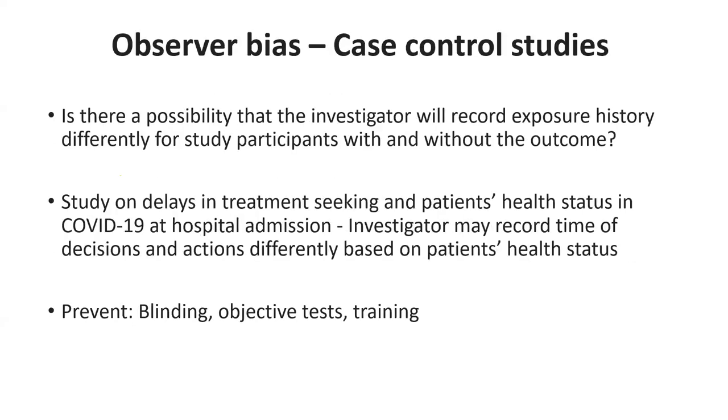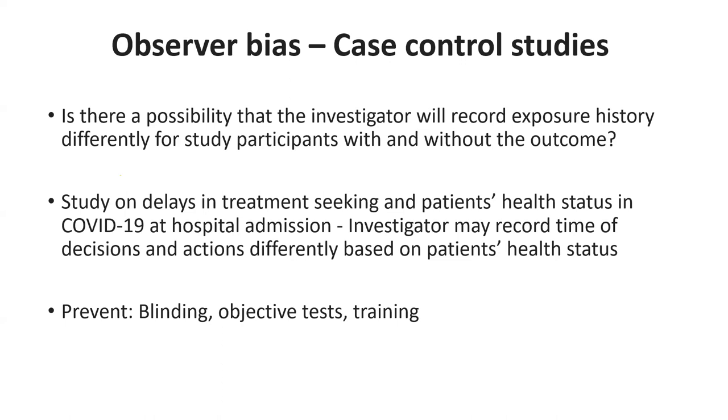Now coming to the observer bias, that is, what is the role of the investigator? Again, beginning with case control studies. If the investigator is aware of the outcome, whether the respondent has the outcome or not, then the way the investigator records exposure history could be different for those with and without outcome.